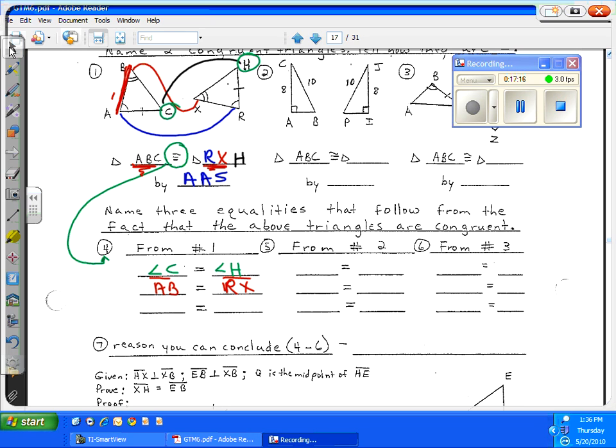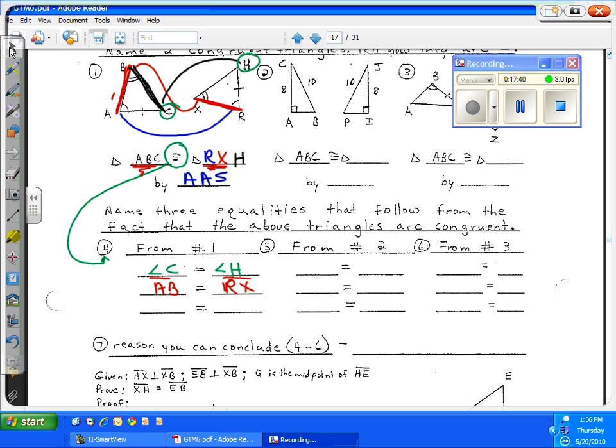And then we had another pair of sides that didn't have a mark. We had BC without a mark. And so we now can conclude that BC is equal to something in the other one. We had AB, I'm going to go ahead and put it in red, was equal to XR. We have BC is equal to something, and you may have a hard time knowing which one it is.